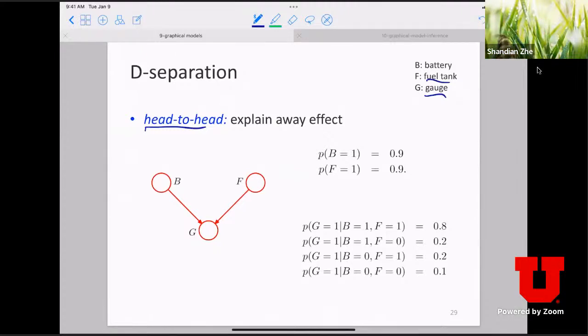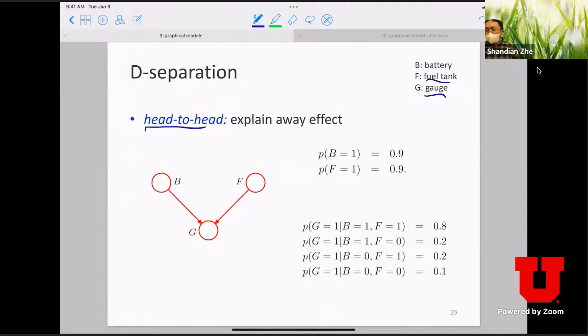But for drivers, we're not professional technicians, right? So we usually look at the gauge reading. If the gauge reading says zero, we're kind of in trouble. Maybe your fuel tank is empty, but it's not always like that.